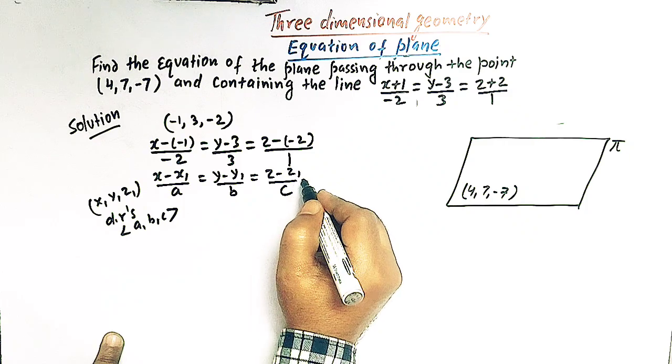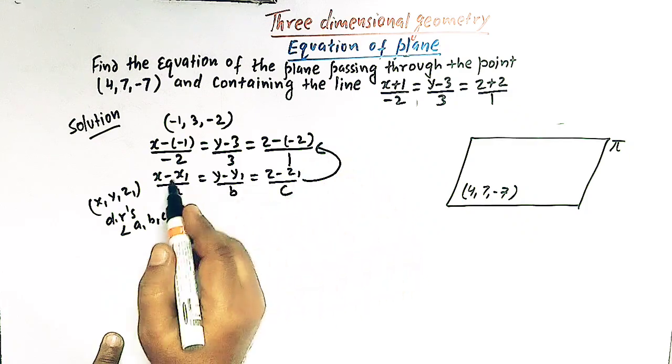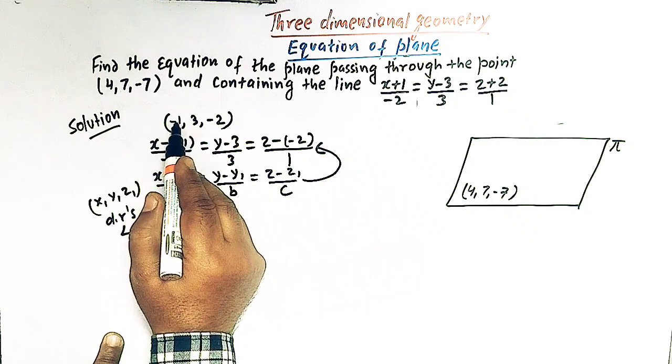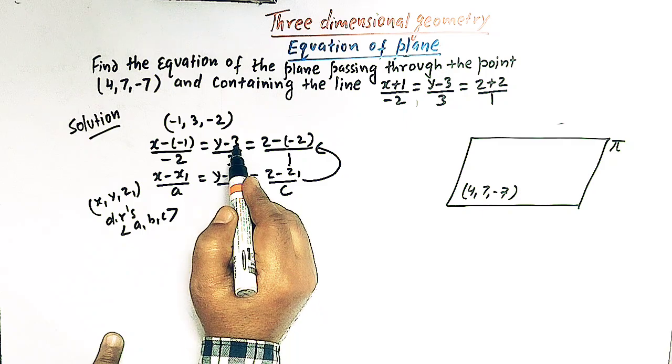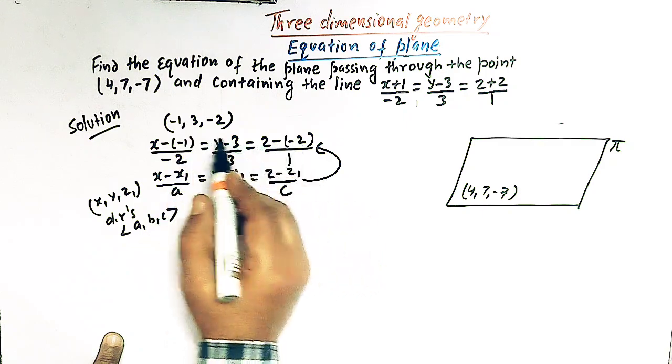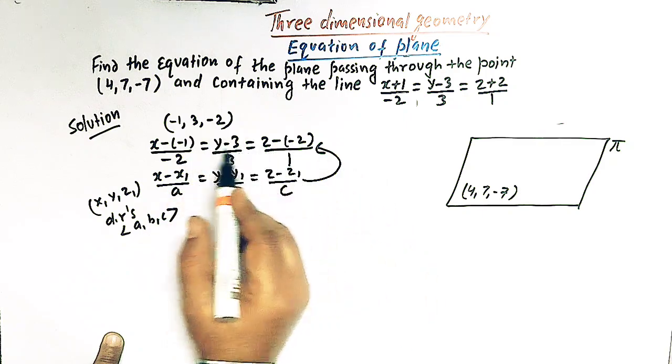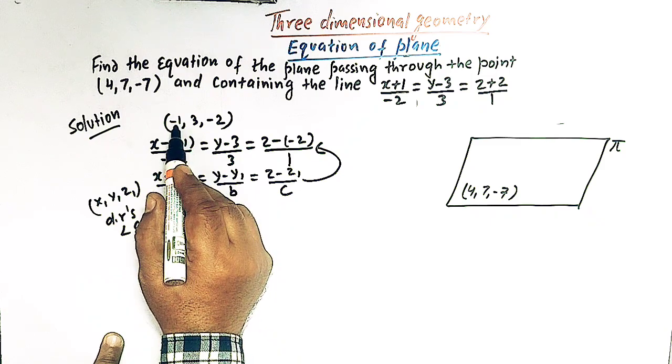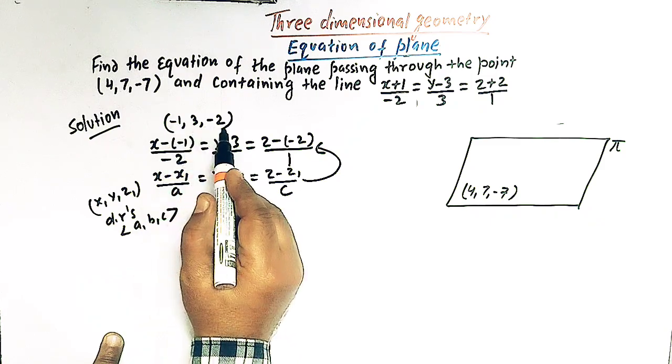So if we compare this line with this one, then x1 is -1, y1 is 3 and z1 is -2. So this line passes through this point, -1, 3 and -2.